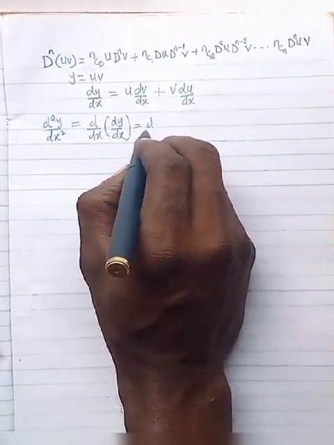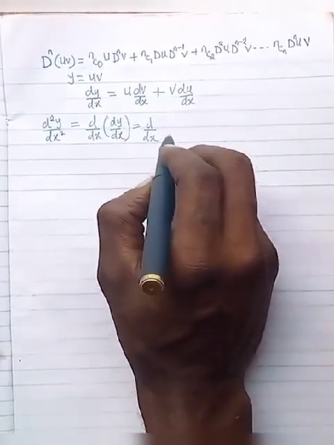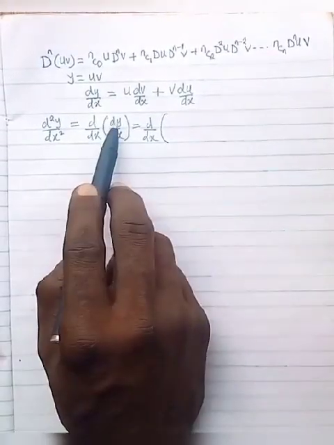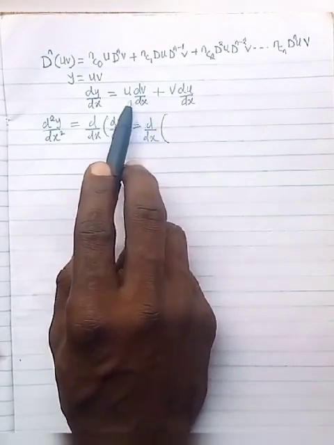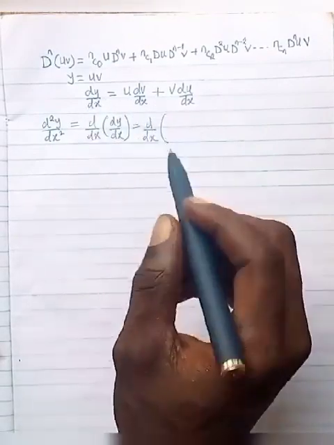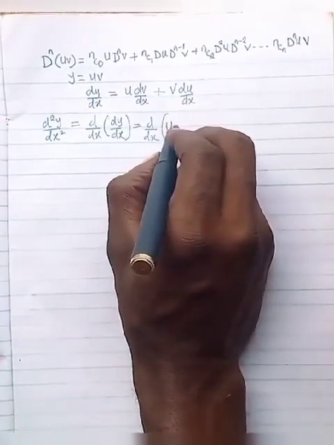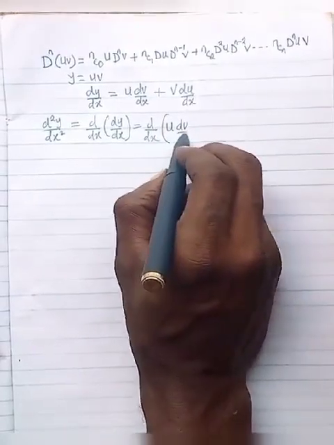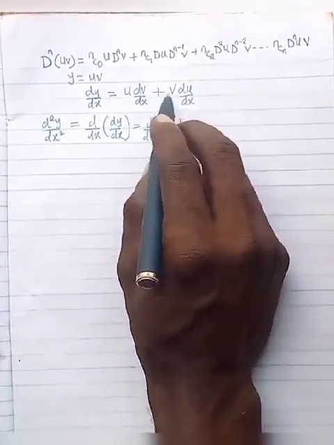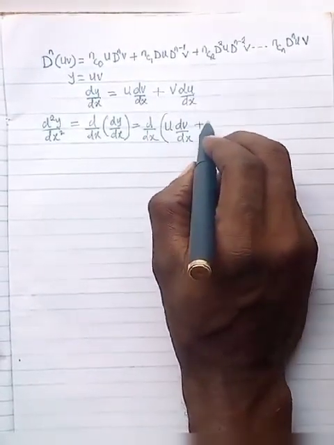We already know what dy dx is from the last derivation. So let's replace dy dx with u dv over dx, then plus v du over dx.